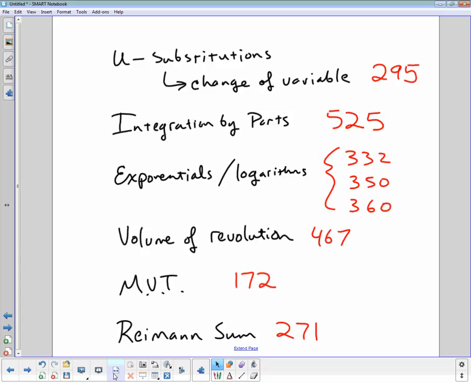Let's do the mean value theorem. Hop on over to page 172. And specifically, if we head on into 176, 177.